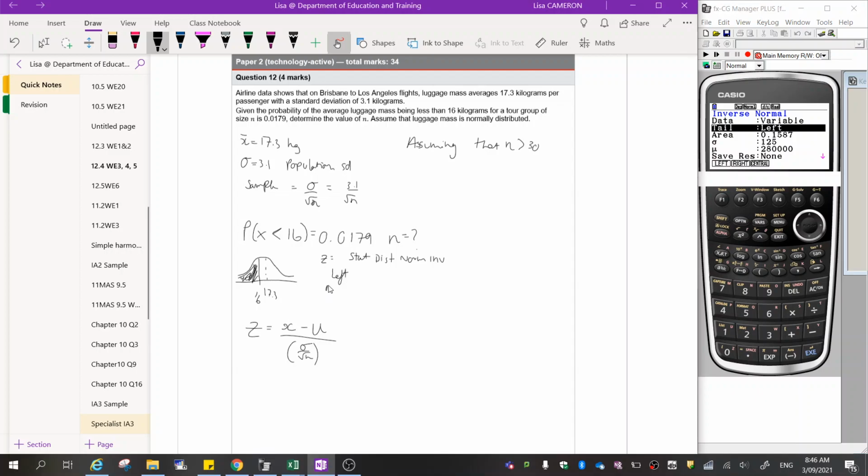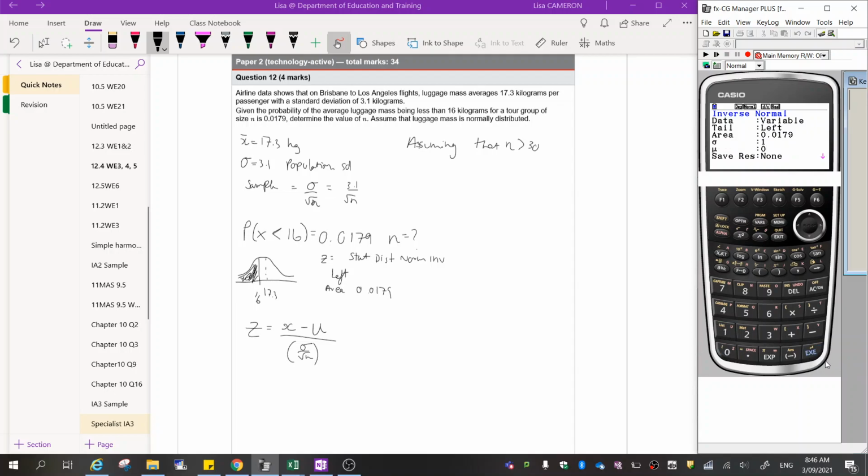It's going to have an area of 0.0179, a standard deviation of 1 and a mean of 0.